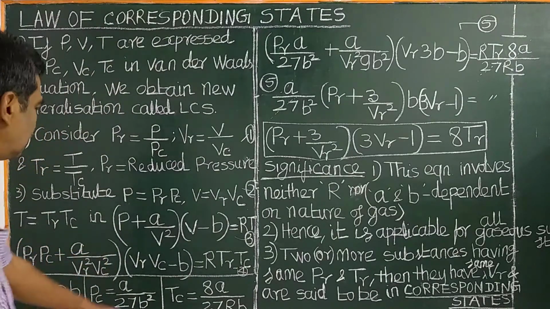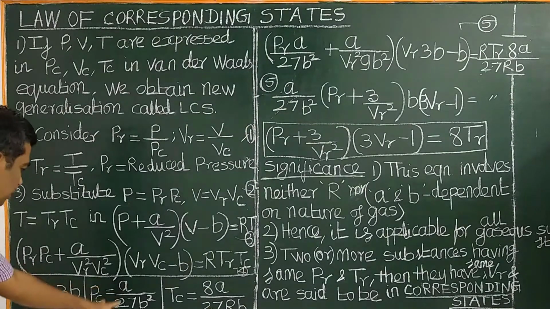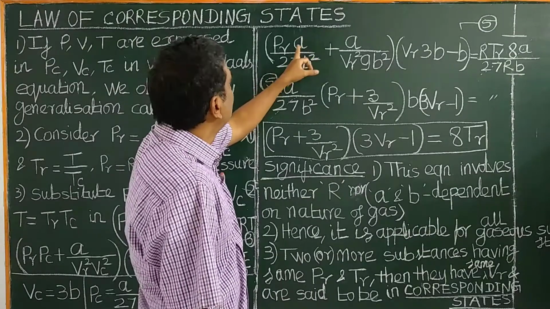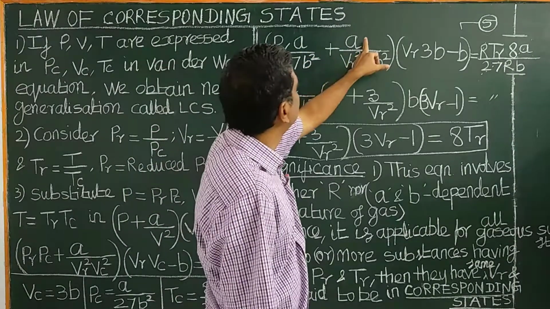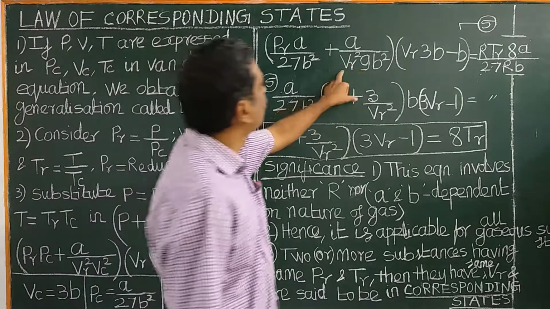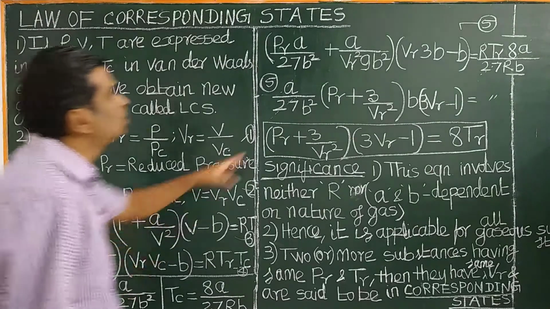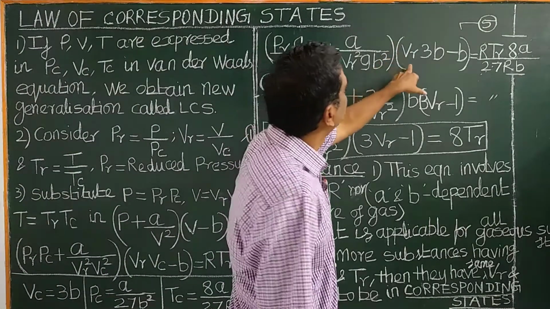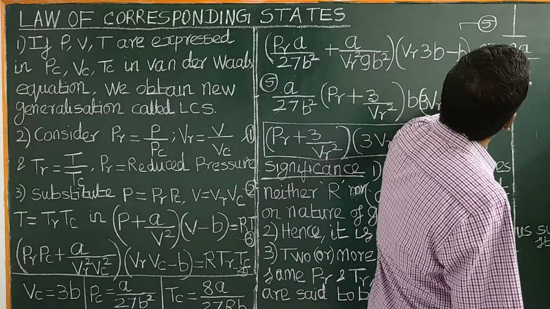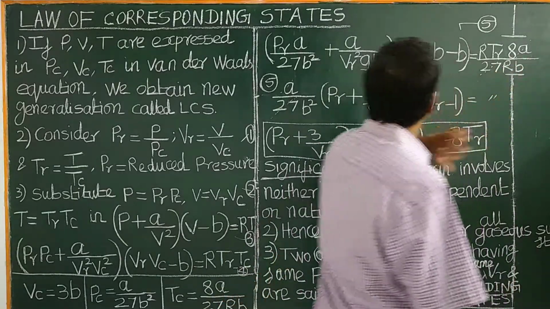In equation 4, we get, for example, Pc equal to a by 27b square, so Pr times a by 27b square plus a by Vr square, and Vc equal to 3b, therefore 3b whole square, 9b square, and similarly Vr times 3b minus b, and Tc equal to 8a by 27Rb.